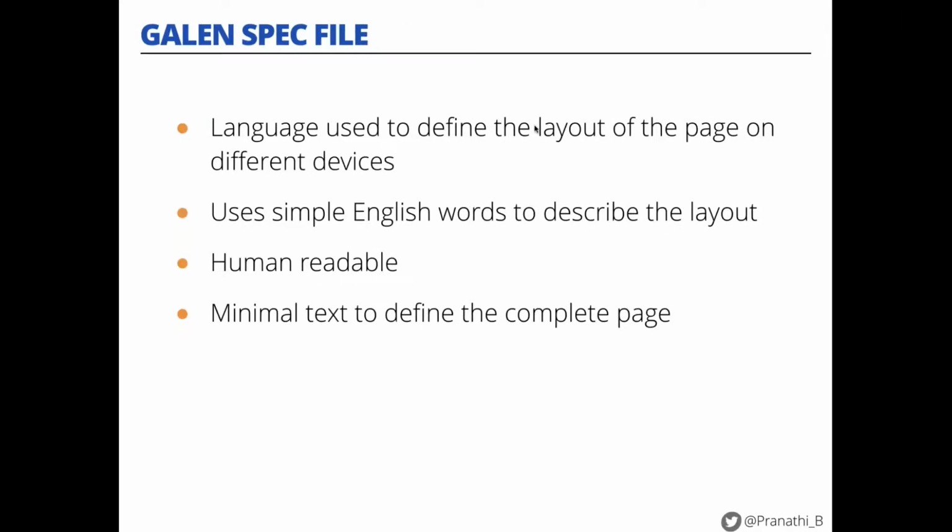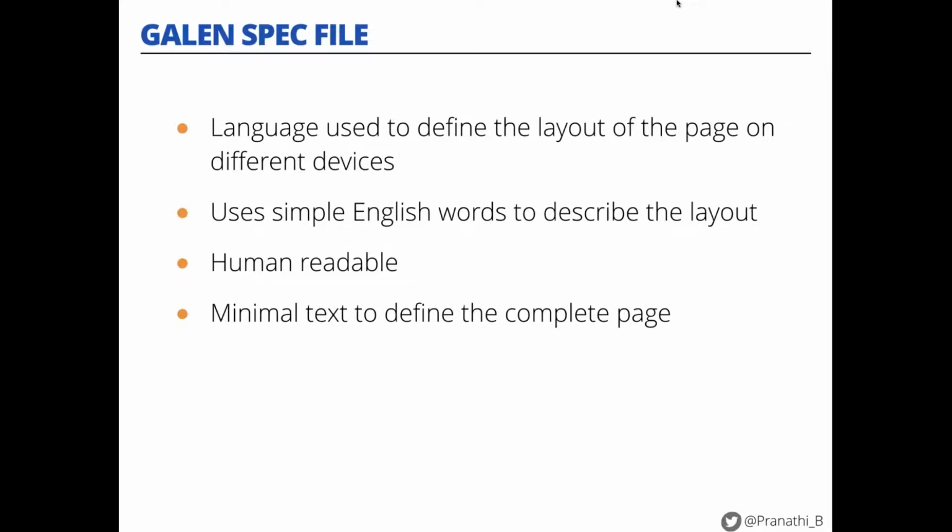So a little bit about the Galen spec file. A Galen spec file is basically a file that contains your description of how the website should look. On this spec file, you might say my page header should be at the top of the page, it should have a height of 10 pixels, and it should have a text of so-and-so, or it should be color red, color blue, or something.